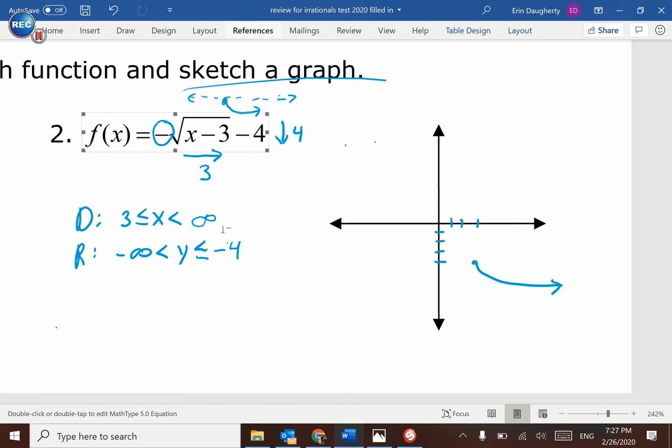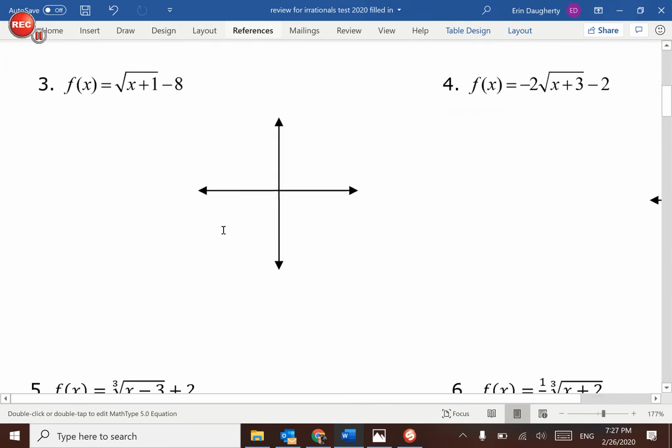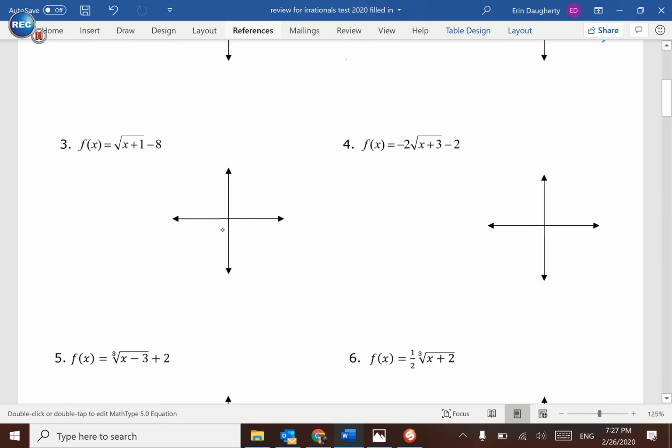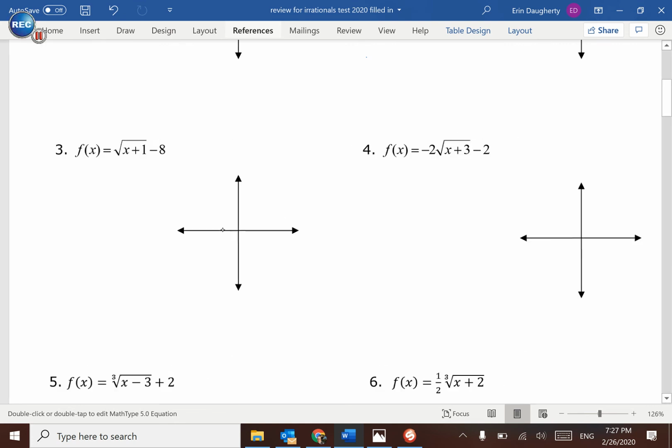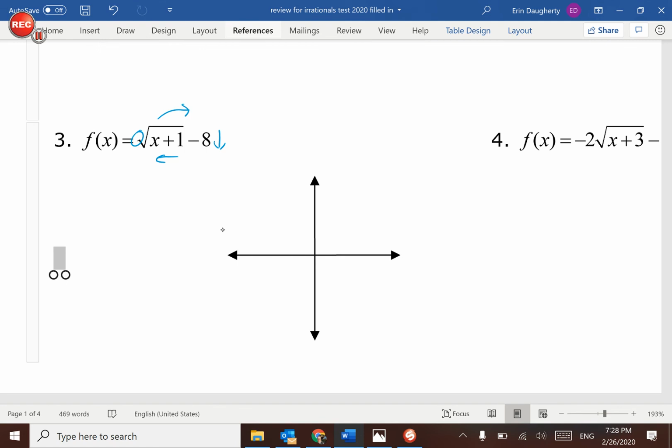Okay, so let's go ahead and take a look at number 3. Now number 3 is a lot like number 1. It's positive. The only difference is that we do have a shift down 8. Okay, this positive is going to make it shift left 1. Okay, and it's a positive radical, so we know that it's going to go up and to the right. So let's go ahead and go down. Whoa, hold on.